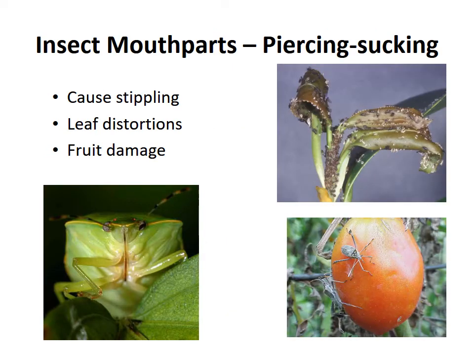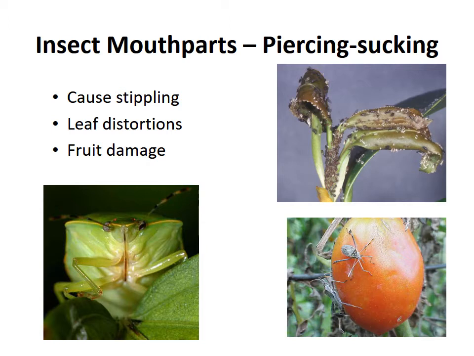Another type of mouth part that's very common among plant-damaging insects is called a piercing-sucking mouth part. This is technically a chewing mouth part that's highly modified. So the insect no longer chews the leaves. It puts a sharpened appendage called a stylet into the leaf or the stem or the fruit and sucks the carbohydrates and liquids out of it.